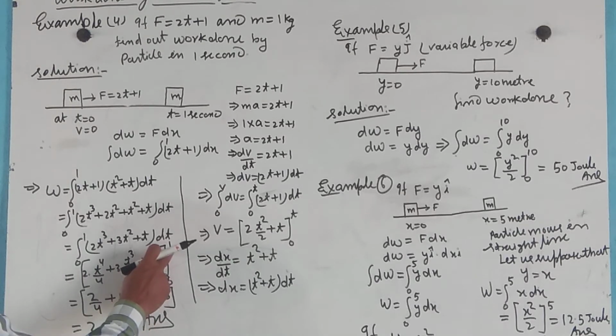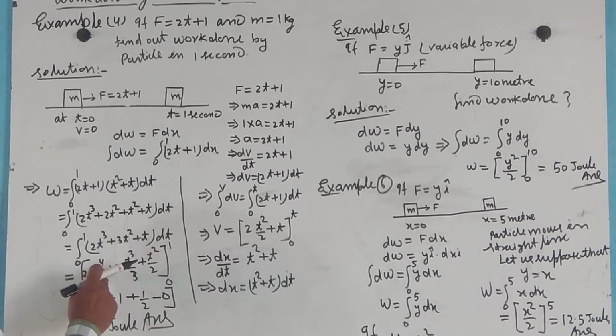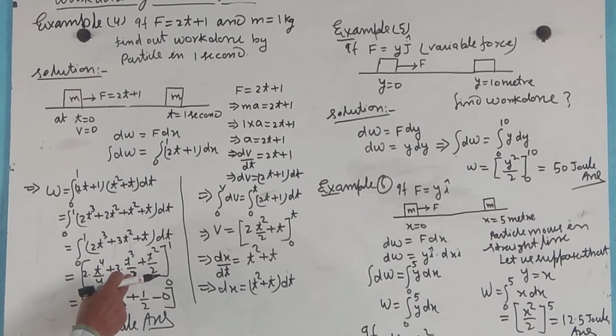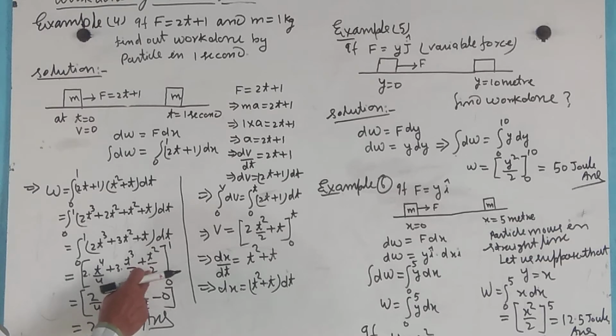Putting the upper limit t equal to 1 and the lower limit t equal to 0, at t equal to 1 this is 1 by 2 plus 1 plus 1 by 2; at t equal to 0 the rest of the terms are 0. So this is 2 joule.